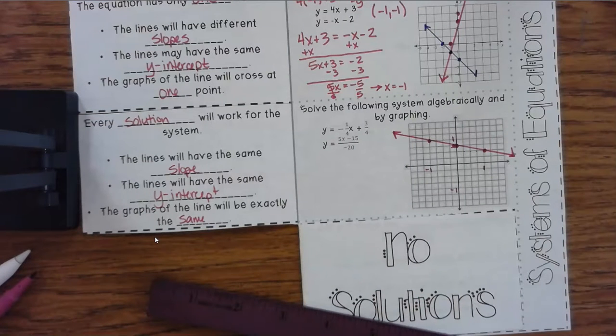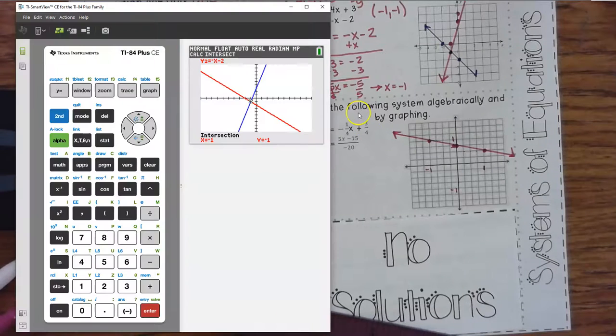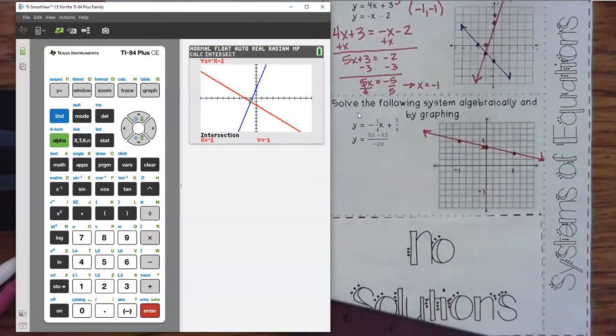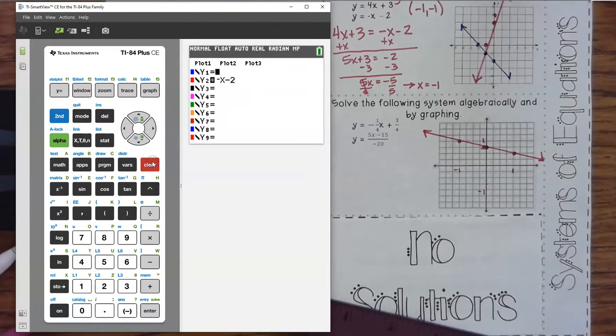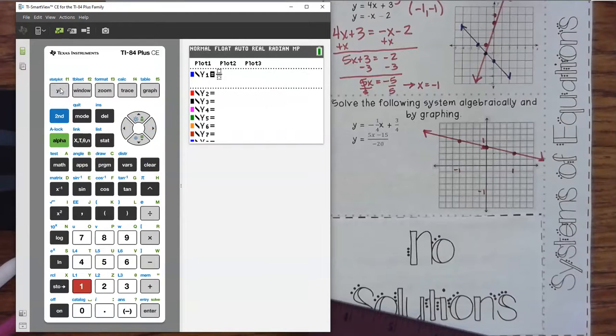So this one is a hard one to graph by hand. One thing that you can do, again, I highly recommend using a graphing calculator anytime that you're solving systems of equations. But one nice thing, if you do have to graph them physically, you can use the graphing calculator to pull values. So 5x minus 15 over negative 20.